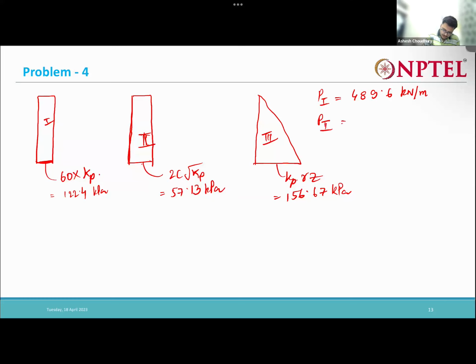P2: 57.13 into 4, so it's 228.52. And then we have P3. It is half into 156.67 into 4, that is 313.34. So we have P1 as 489.6.